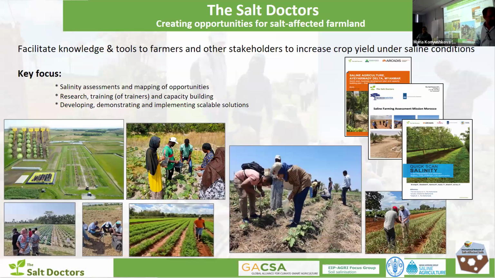So things we're doing now: train people on how to measure salinity, train people on what the salt effects are on soils and crops. And we develop and demonstrate what is possible under saline conditions, for example using raised beds or drainage tunnels, or using mulches, or different tolerances of crop species or varieties, even if we can.